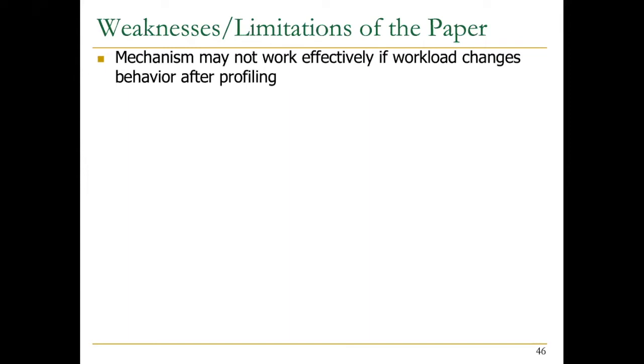For example, you profiled and found that the application is low memory intensity, but right after profiling, in the next interval, it becomes high intensity. Too bad, your profiling was not done well, or profiling is not easily possible. You need a better profiling mechanism. But if this happens, it gets rid of or reduces the benefits of the mechanism.